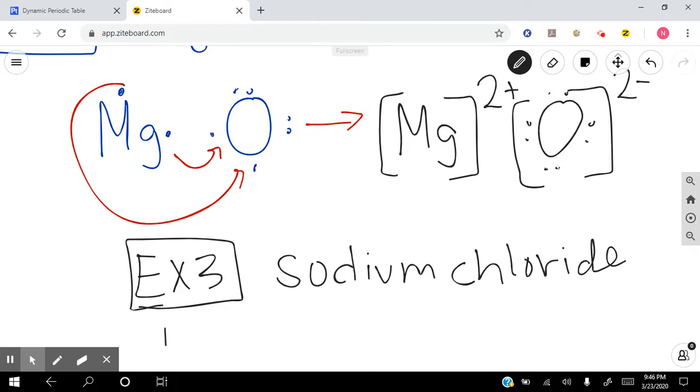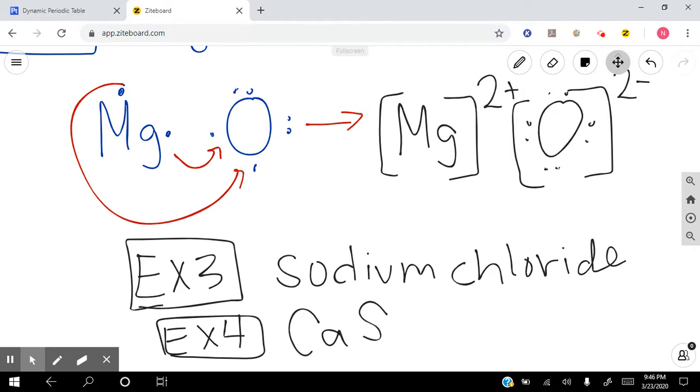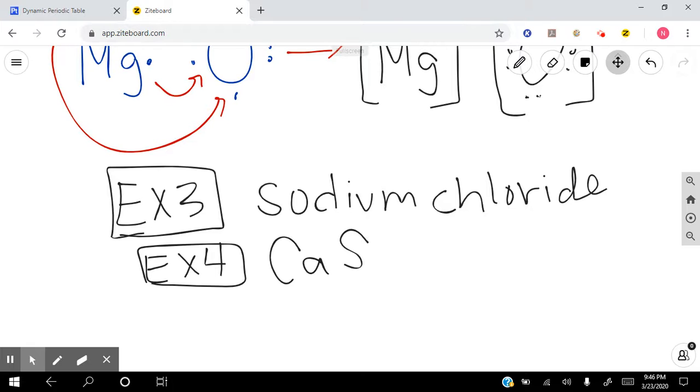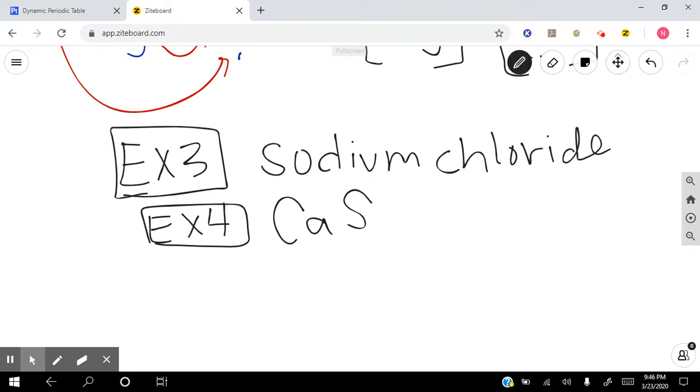And example 4, let's do calcium sulfide. Okay, so try those 2 on your own. Follow the steps. You all can do Lewis dot diagrams. So at least you can do step 1, and don't be afraid to mess up. This might need some whiteout, or do your work in pencil.